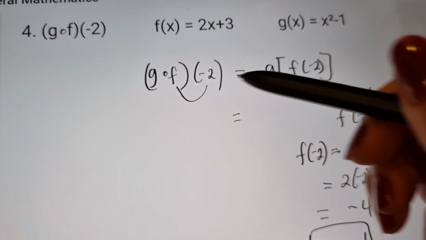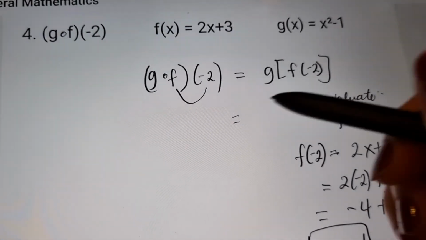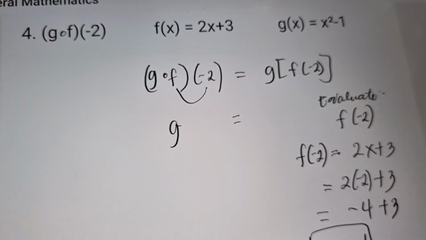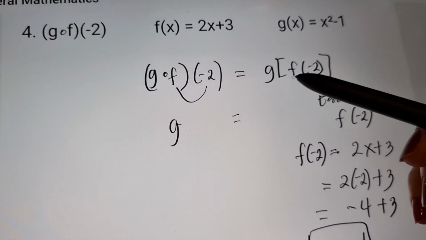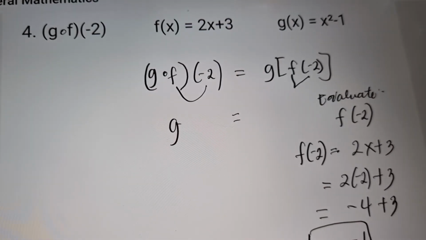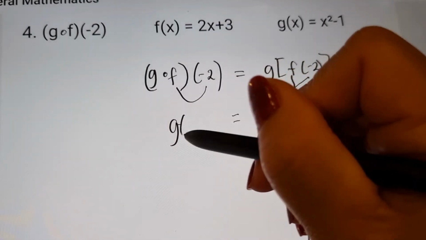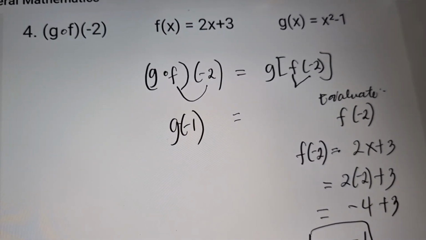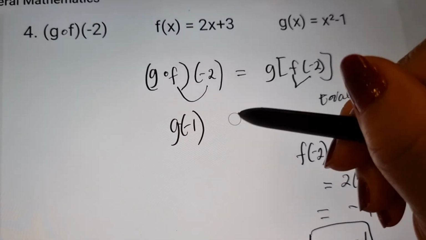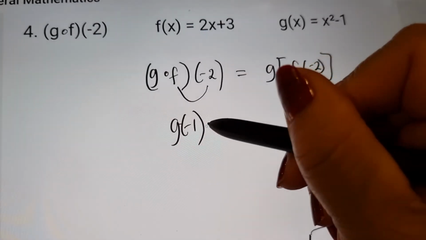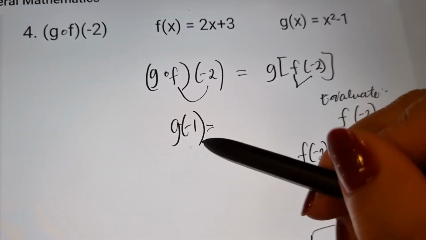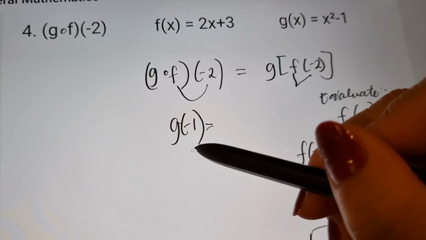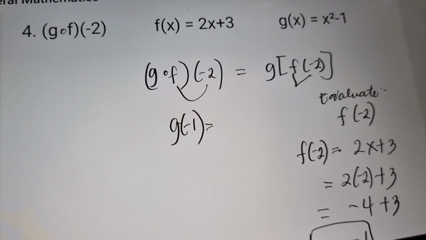Which means that we have g, and then the input is f of negative 2, and that is equal to negative 1. So therefore, we have g of negative 1.